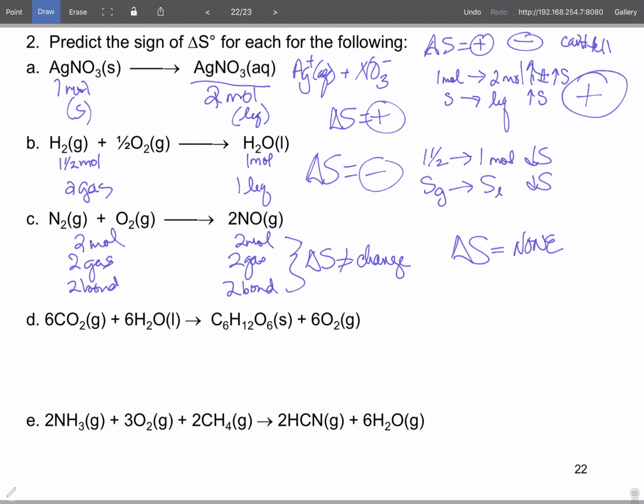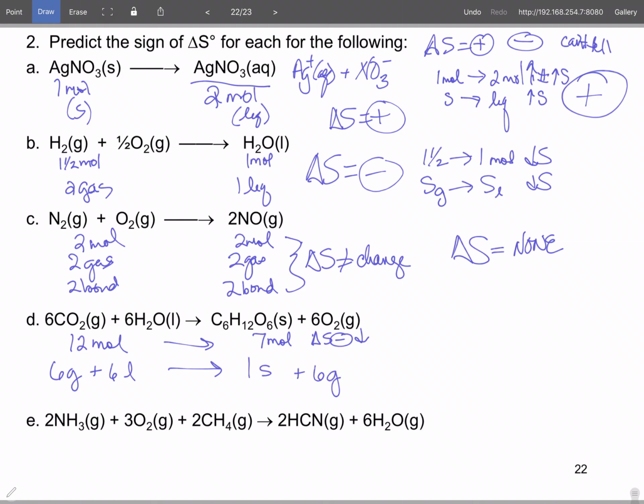Okay, and so on this one we have 12 moles going to 7 moles, which means delta S is negative because it's going down. We have 6 gases plus 6 liquids going to 1 solid plus 6 gases.